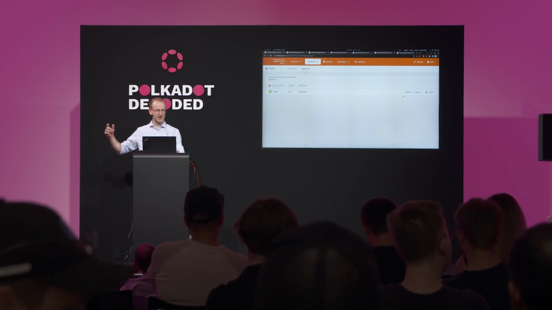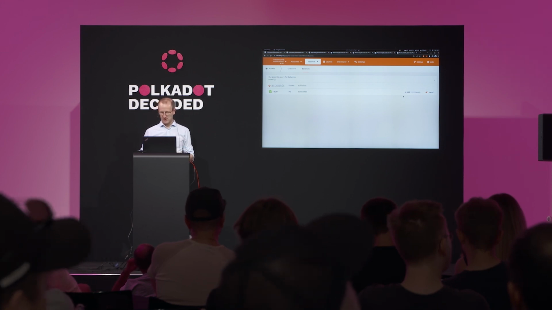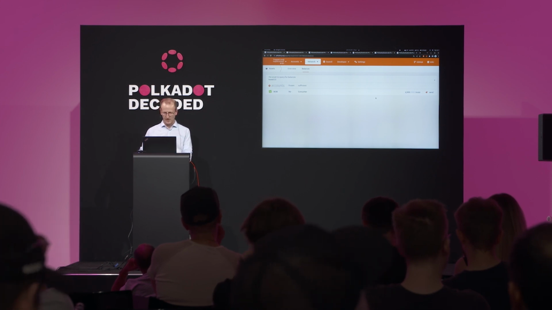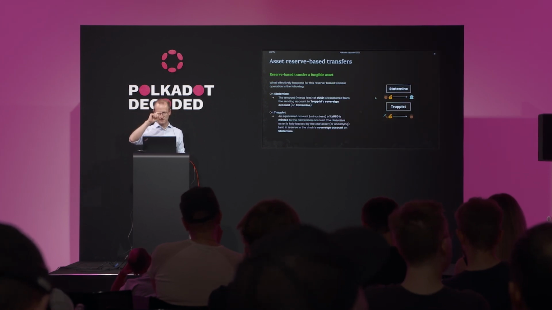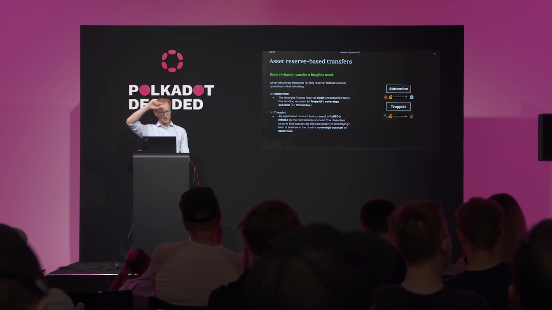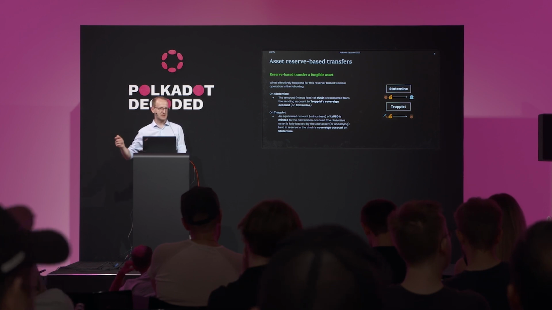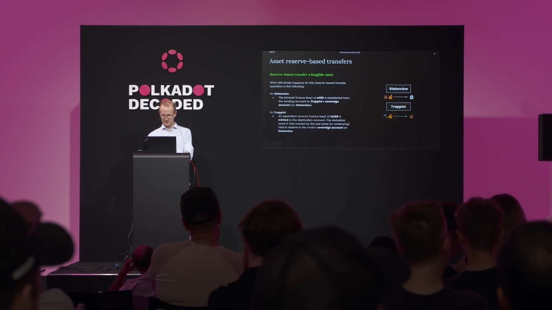This is the derived asset that is backed by the real asset on the asset reserve chain. And I have a little bit less than 5,000 because some fees had to be paid for the execution, all right? So just going back to this, the funds are moved on the asset reserve to the sovereign account of the parachain, and on the receiving parachain, the derived asset is minted into the destination account, all right?